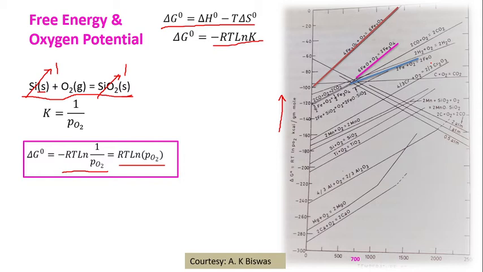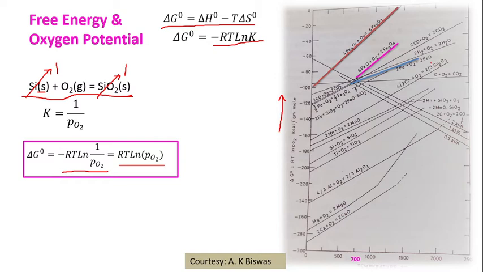That means an element can reduce an oxide above it. The more the vertical distance between these two lines, the greater the affinity is. The tendency is more prone.